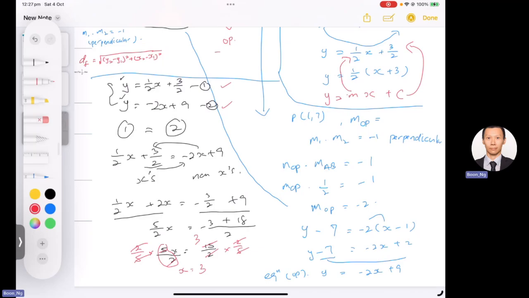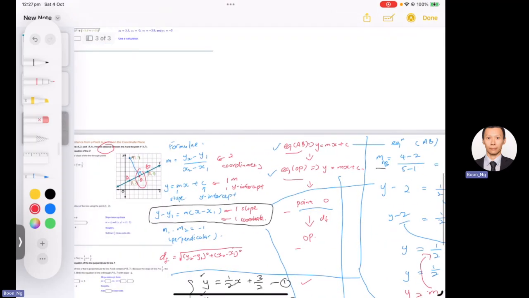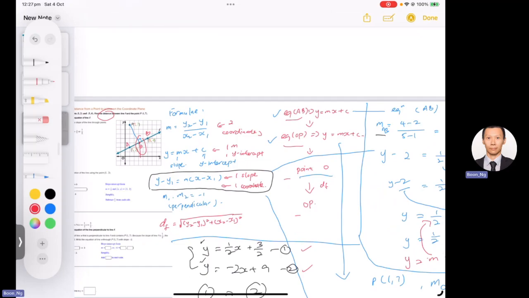We just need one of them. I will pick 2. y equals -2 times 3 plus 9 equals 3. Alright, so the coordinate for O is 3, 3.